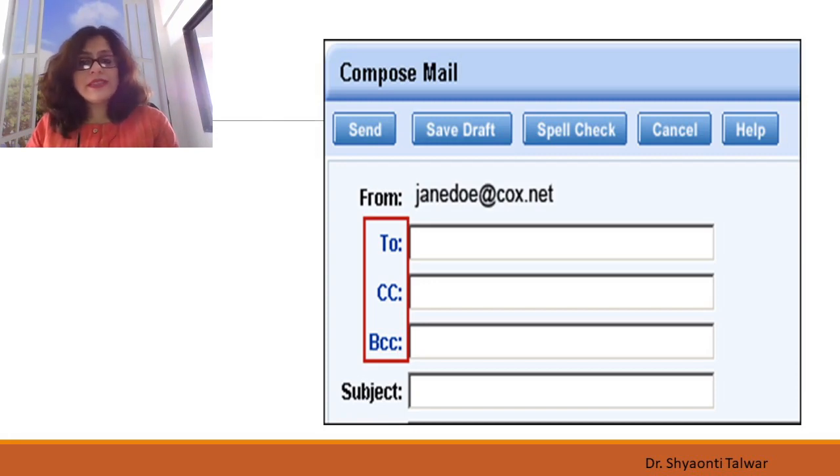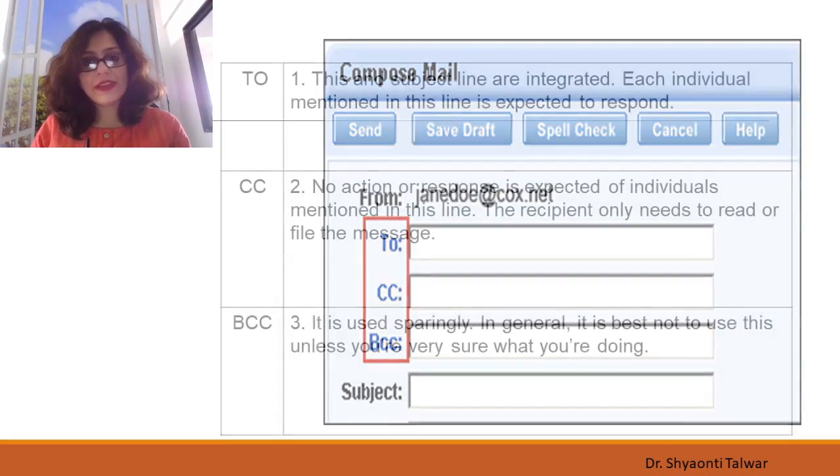What you are trying to say is that every person who is included over here is equally important. You want to communicate with all of them about the same thing, and you expect a response from these people, right? So this is the significance of putting email IDs in the To column. When you put email IDs in the To space, you are expecting a response and you are addressing it directly to the person that you want to communicate with.